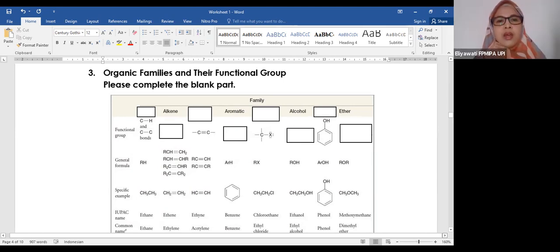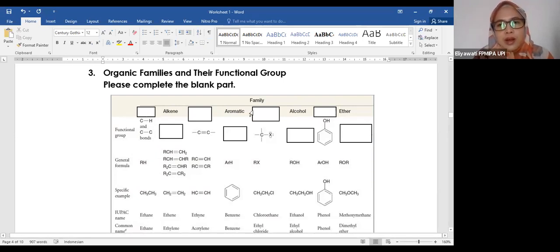So many organic families. Now we see the functional group of each organic compound. In these pictures, I provide you blank squares that you should fill.